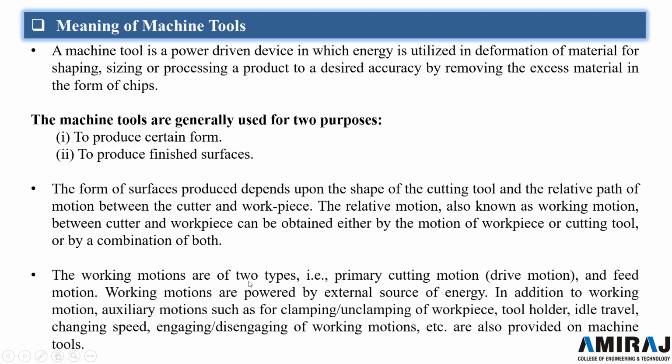Now the working motions are of two types: the primary cutting motion, which is called the drive motion, and the second one is the feed motion. In the example I showed, the primary cutting motion was the drive motion, and the primary motion was provided to the workpiece, and the feed motion was provided to the cutting tool.